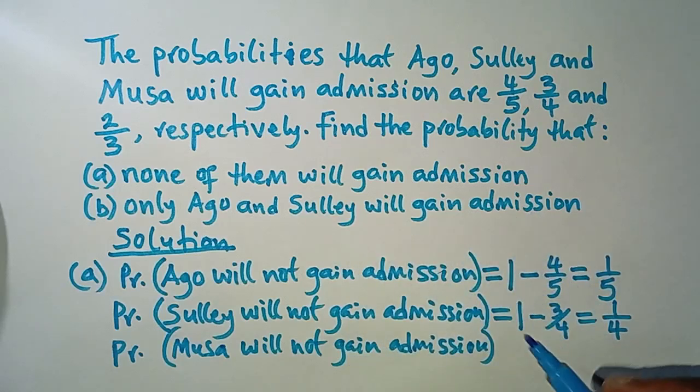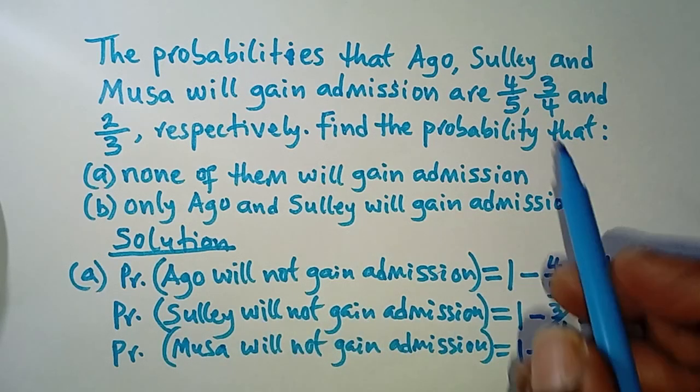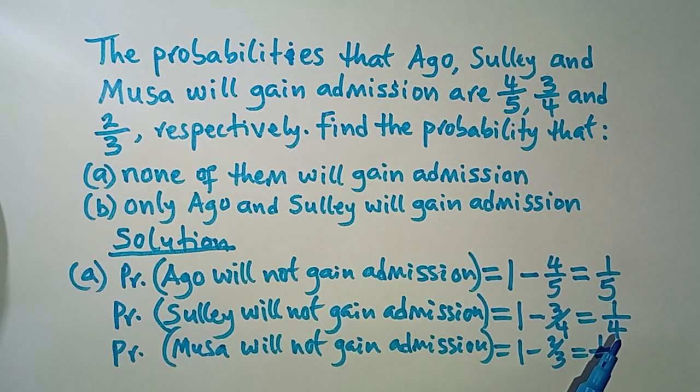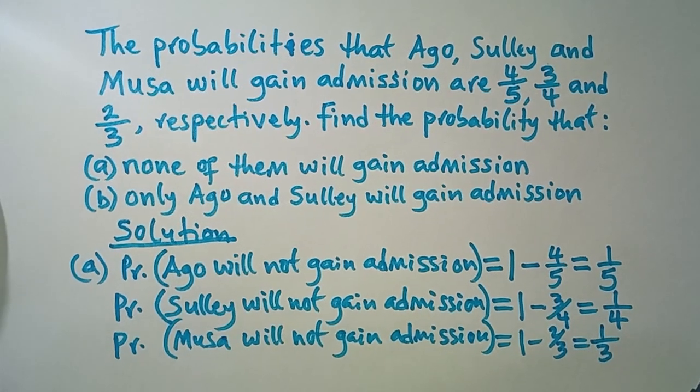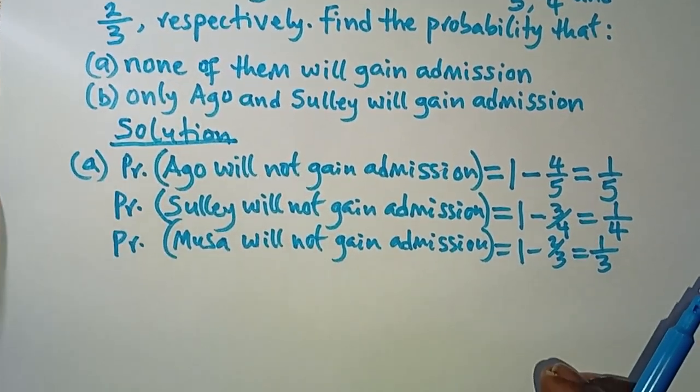So the probability that he will not gain is 1 minus 2/3, and 1 minus 2/3 will give us 1/3. So now that we have these probabilities that are the negation, that is the negative of the original one given to us in the question, then we can now go ahead and continue with what we are solving.